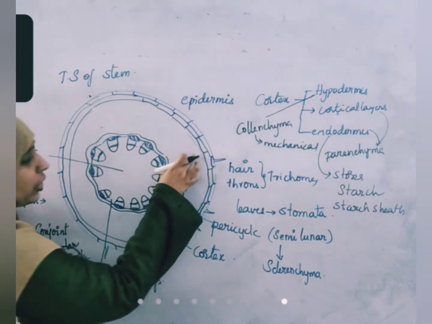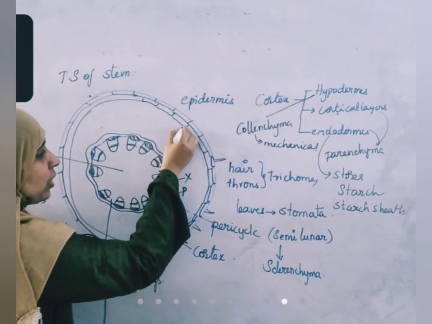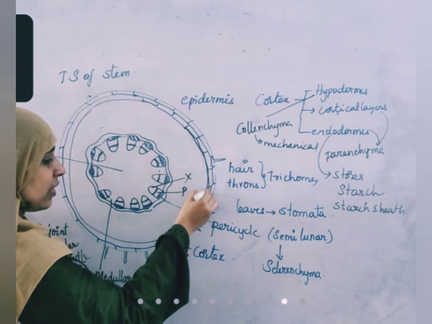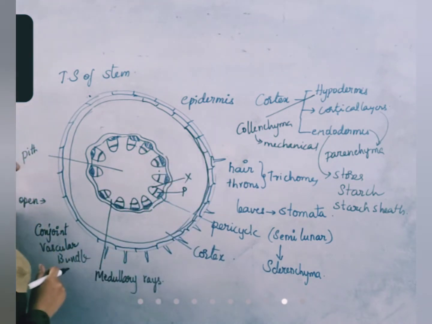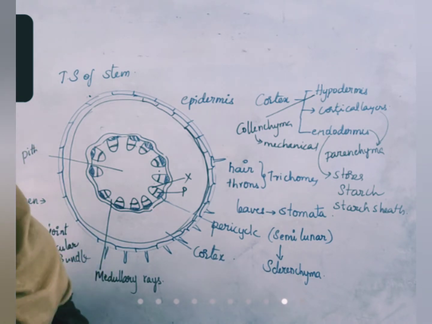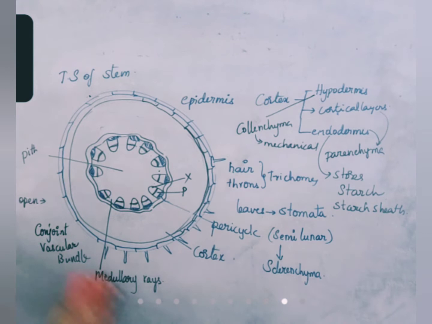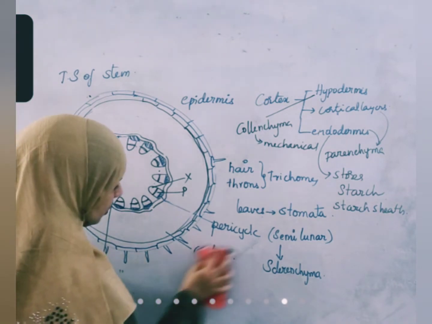Below that, cortex will start. Cortex is divided into three layers. The outermost layer is hypodermis, which is made up of collenchyma. It gives mechanical strength. We'll write it one by one.